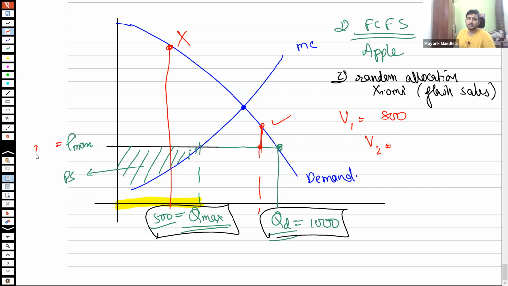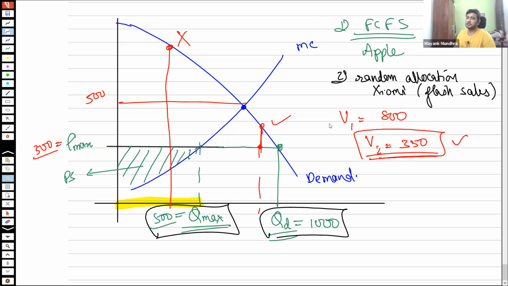Price is kept at 300. The equilibrium price should have been 500. Suppose somebody with a valuation of 450 or 350 gets it. This guy gets it, whereas this guy doesn't get it.